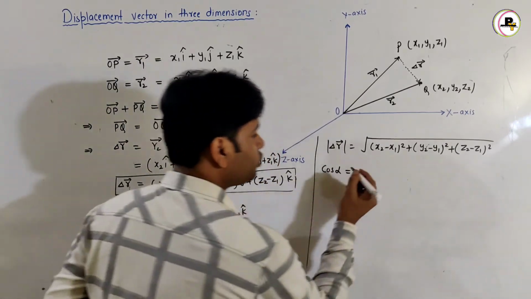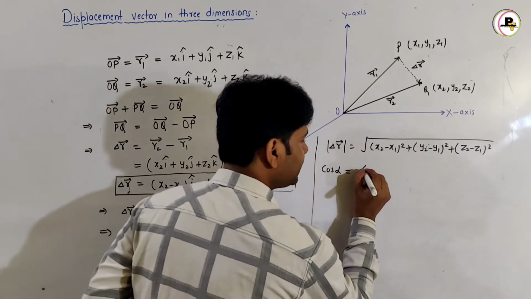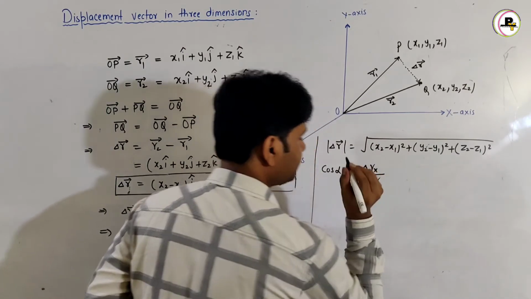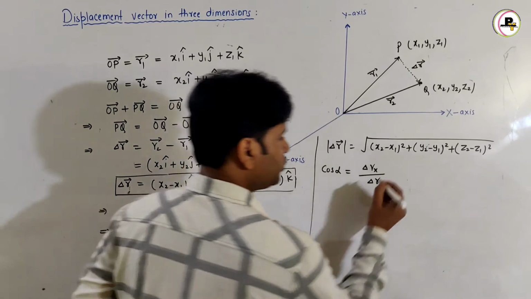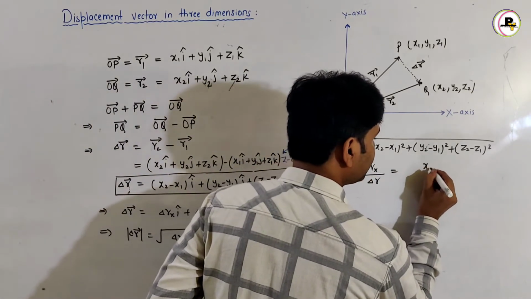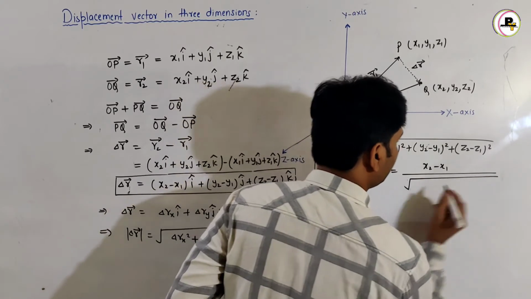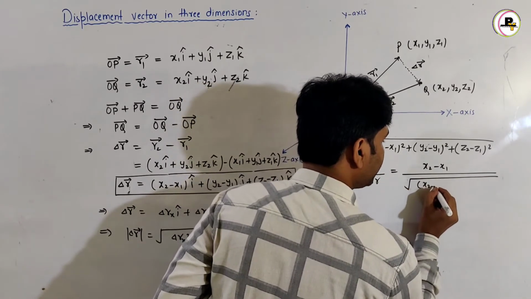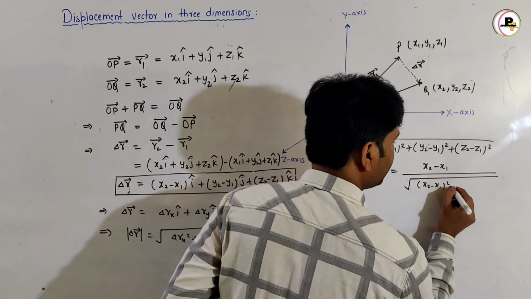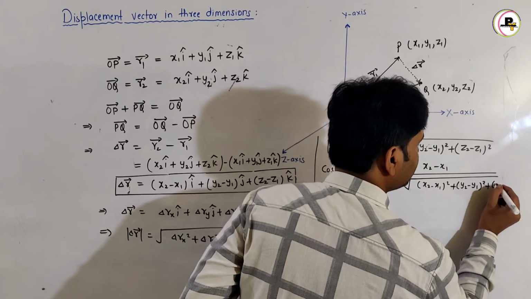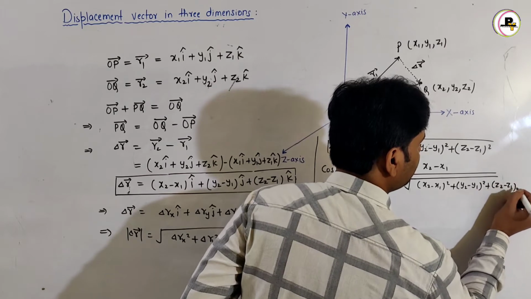It is the x component of delta r, that is delta rx upon delta r. Or it can also be written as x2 minus x1 divided by square root of x2 minus x1 the whole square plus y2 minus y1 the whole square plus z2 minus z1 the whole square.